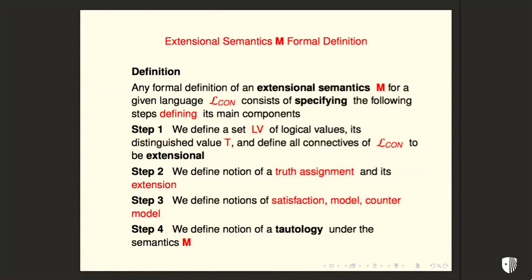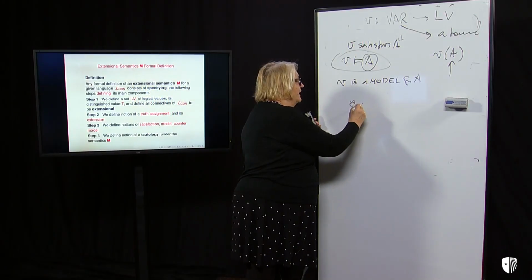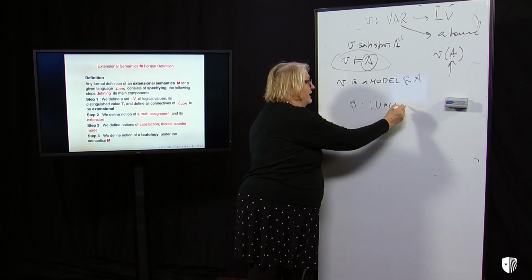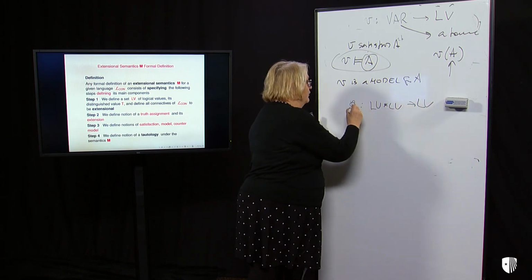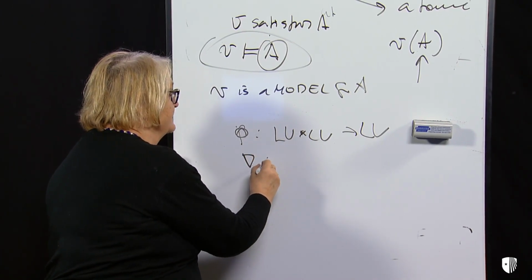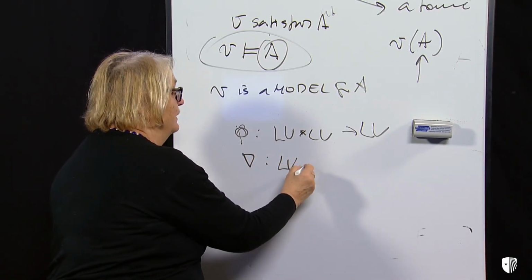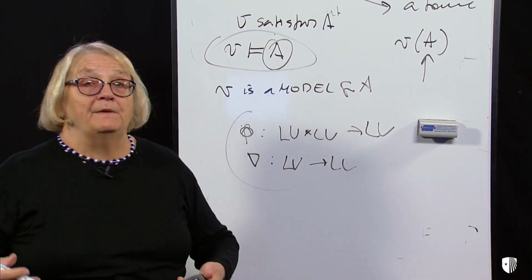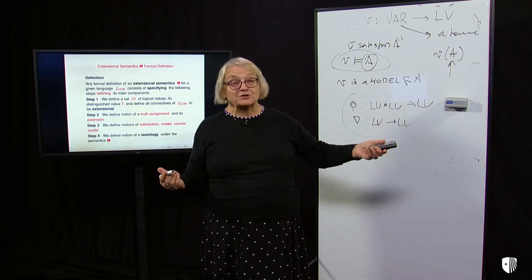What does it mean? All connectives are functions, right? For 2 arguments, logical value times logical value into logical value, and for 1 argument, a function from logical value into logical value. So that is a definition, depending on how you define those functions.